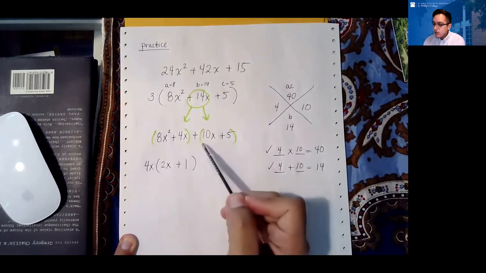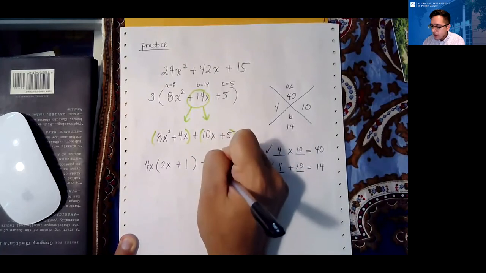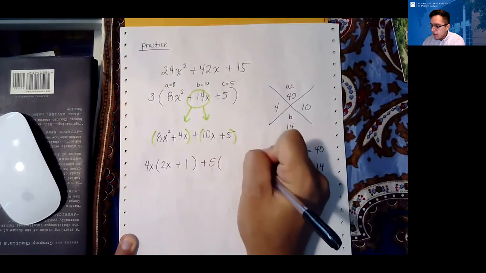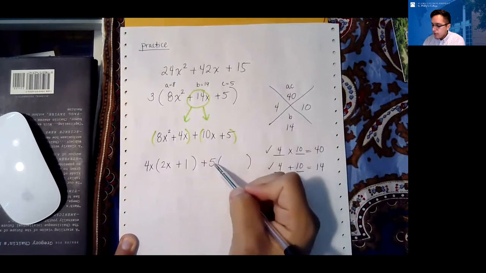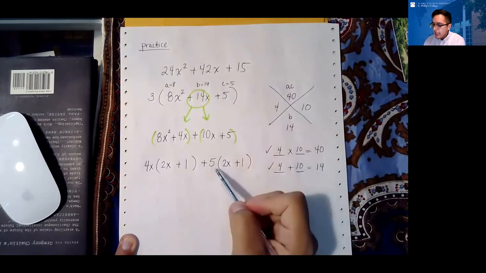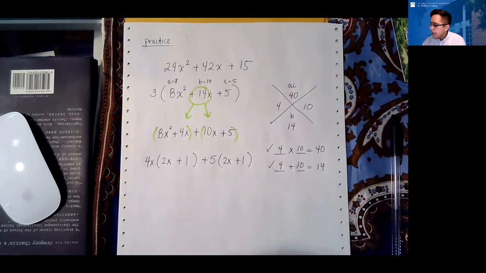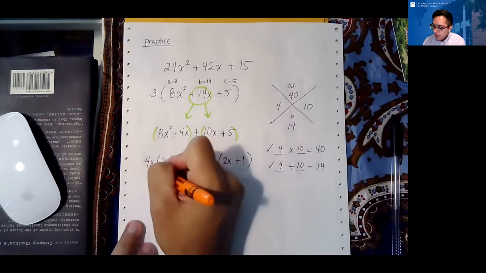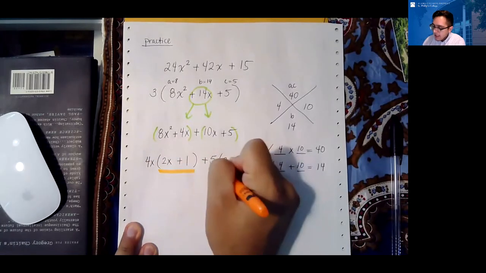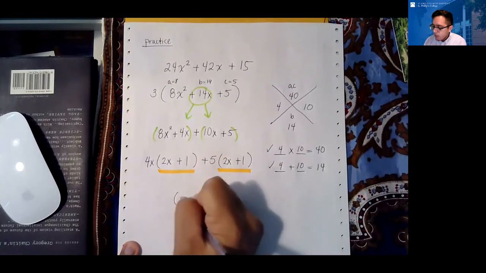For the second two terms, they have a factor of positive 5 in common. So I should be able to multiply this by a 2x and then a plus 1 to get the original terms back. And sure enough, the common factor that's in the parentheses is the exact same two terms, exact same sign between them. So since that's now the greatest common factor, I can pull that out to the front.